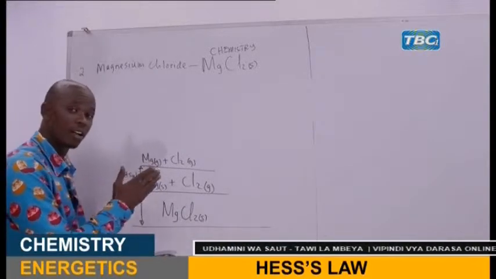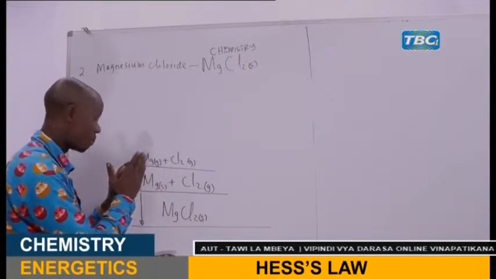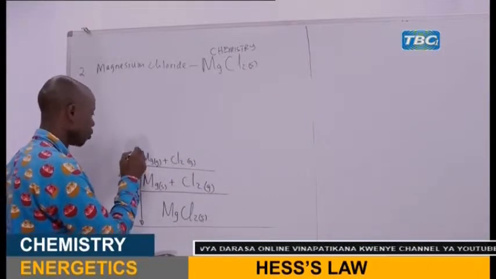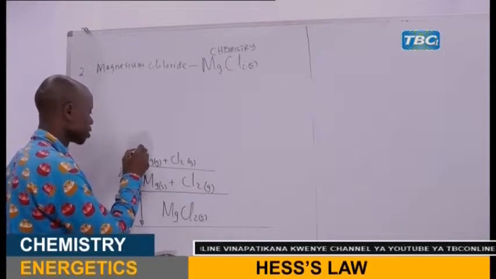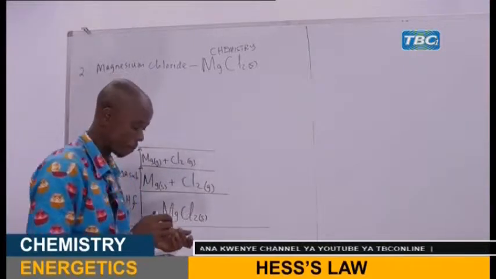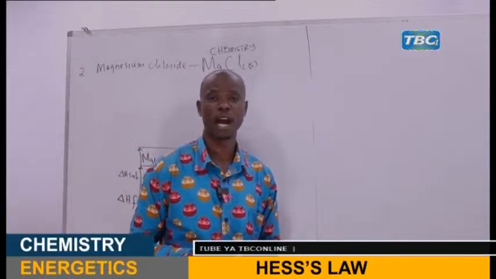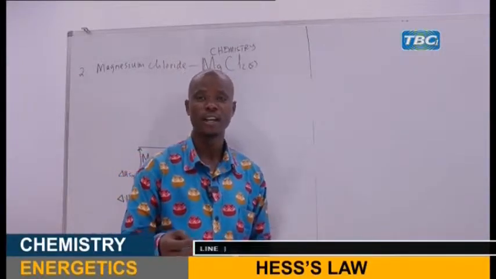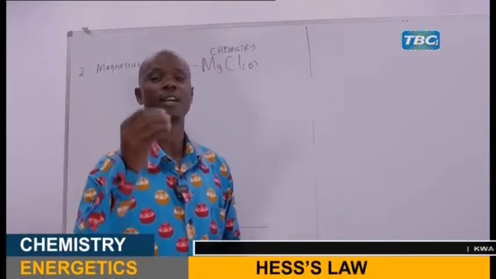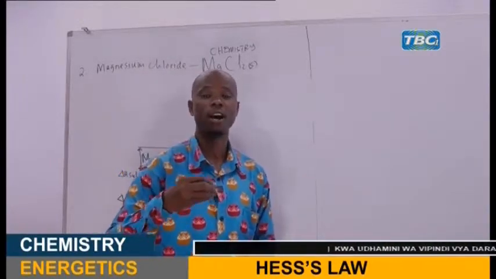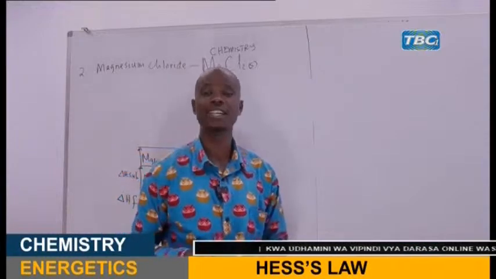As I told you, we start with the metal. When we finish with the metal, we'll go to the non-metal. So what follows is the ionization process. How many electrons are lost by magnesium? I'm sure you can tell me the maximum number of electrons that magnesium can lose in order to acquire the stable noble gas configuration.